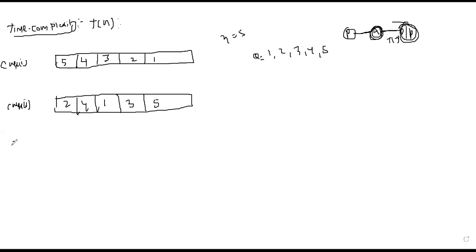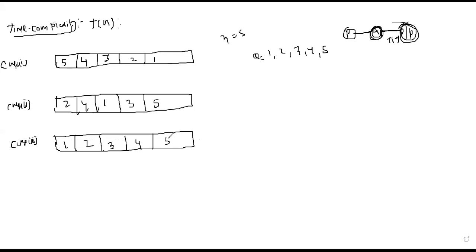Now case number 3. Now I give the same array of size 5. Now elements are 1 2 3 4 5.